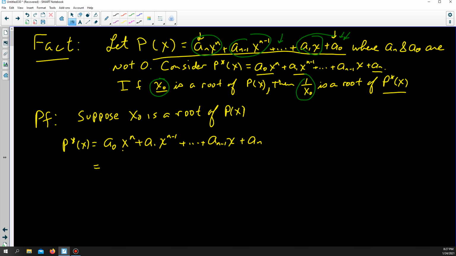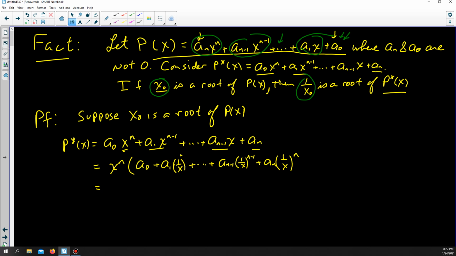Now, if we factored out x to the n from every term, we would have x to the n times a0 plus a1 times 1 over x all the way down to a sub n minus 1 times 1 over x to the n minus 1 plus a sub n times 1 over x to the n.